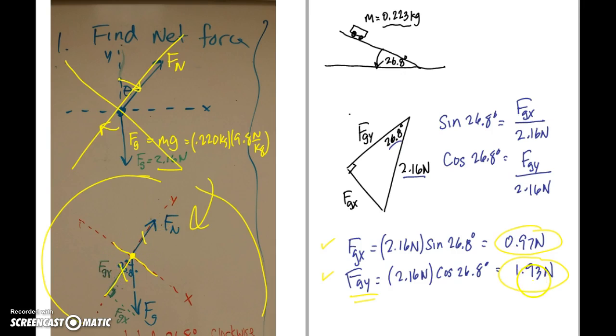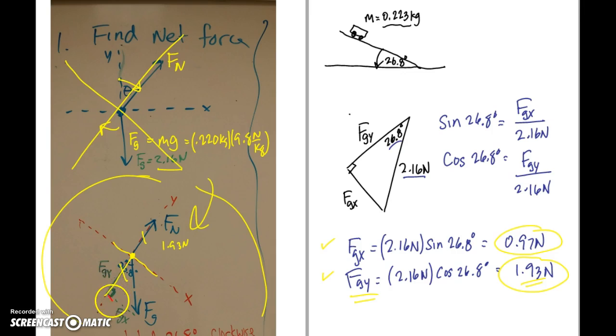So 1.93 newtons is the normal force. So we've calculated the normal force in this case. It is less than the gravitational force, and it would make sense that as the ramp increases its angle, the normal force would decrease.